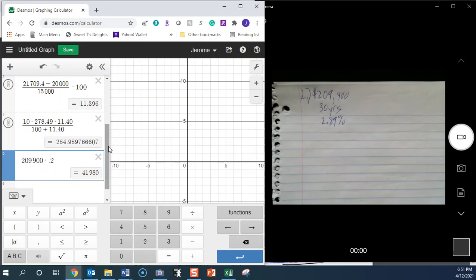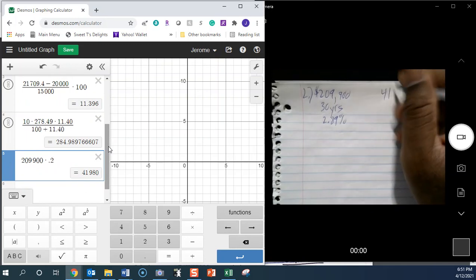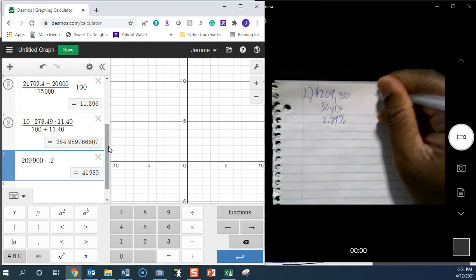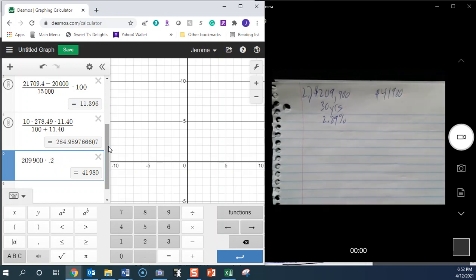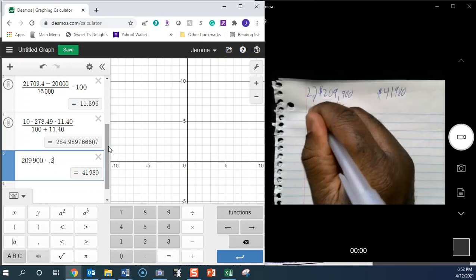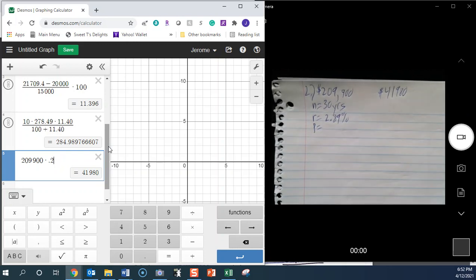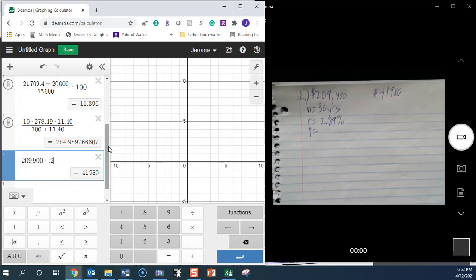So the 20% down payment would be $41,980. Now, to find our principal, P, because we know this is our R, we know this is our N, but we need our P because we're still just doing the monthly payment formula like we did in the previous task.